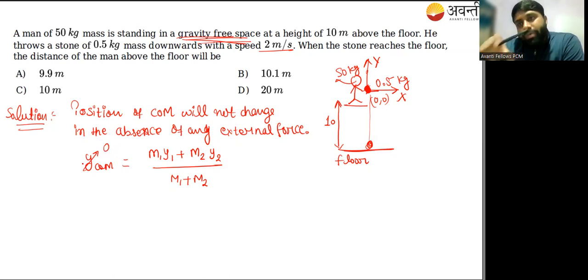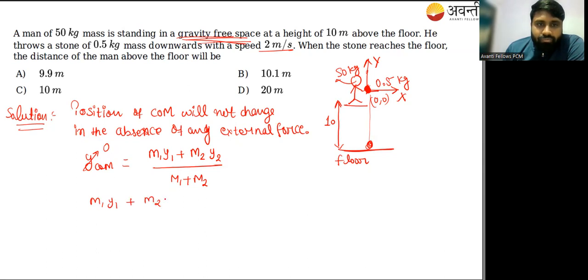And if there is no external force, this center of mass will not shift. So this will become m1 y1 plus m2 y2. Now y1 we have taken for the man, how much he goes up when he throws the stone to maintain the equilibrium of the center of mass.